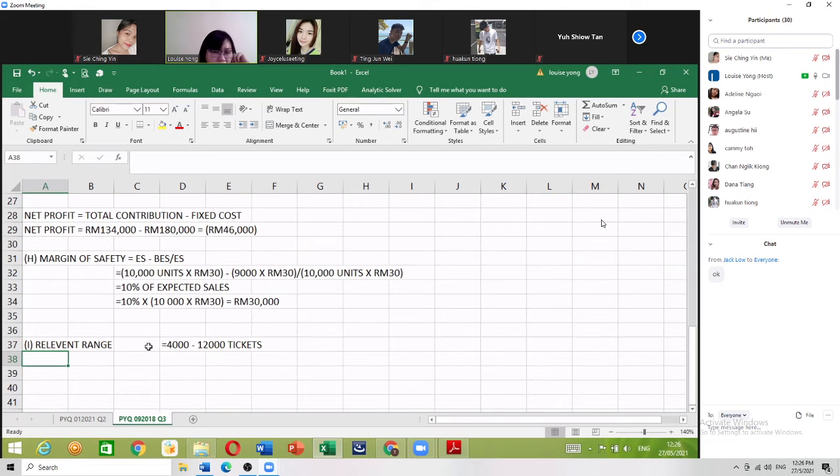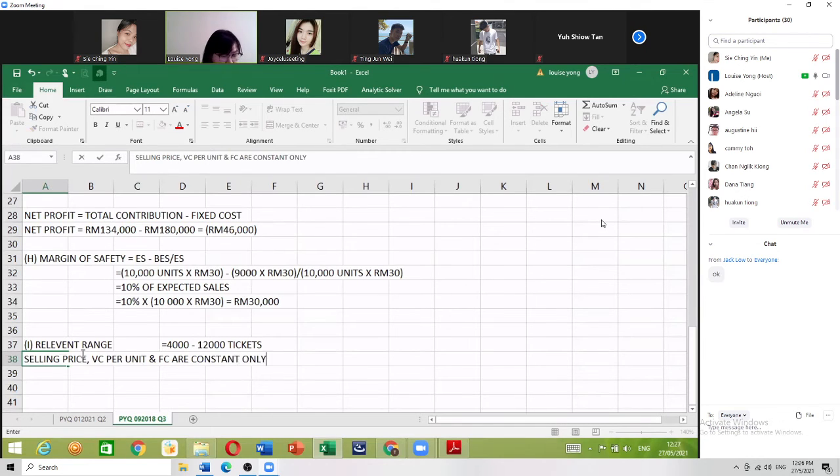So below 4,000 or more than 12,000 tickets, the prices here are not accurate. 这个是它的 answer 啦。So your selling price, your variable cost per unit, and your fixed cost remain constant only in this range.